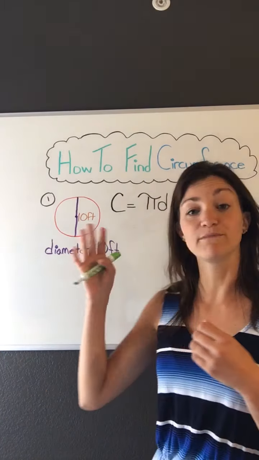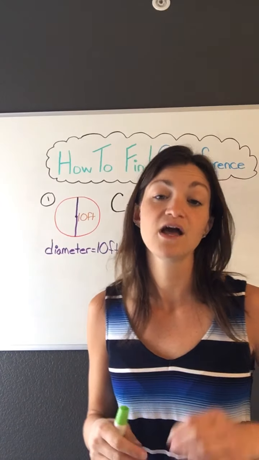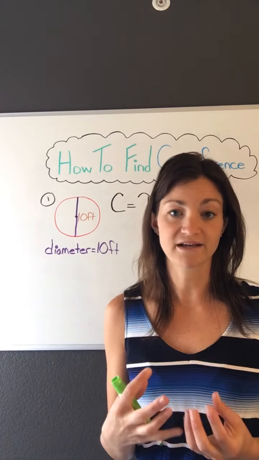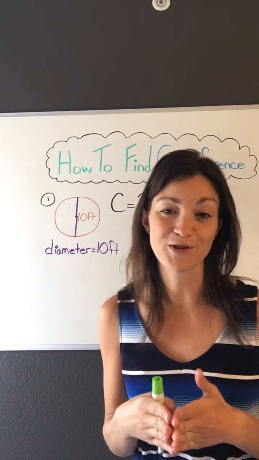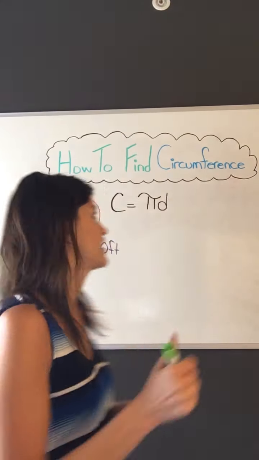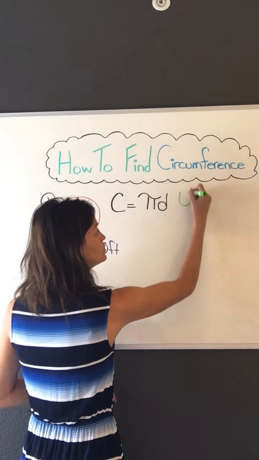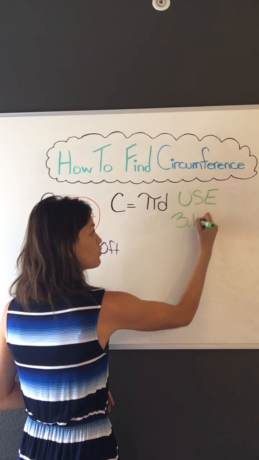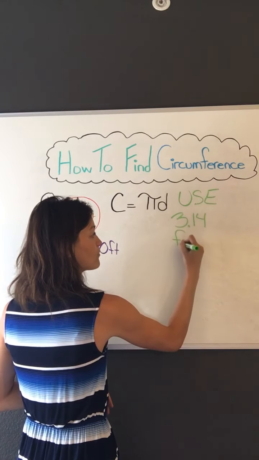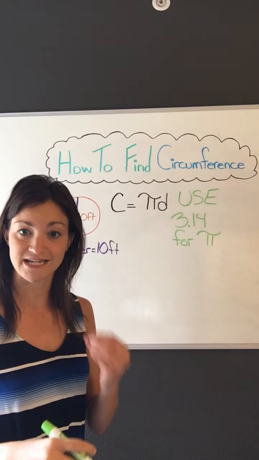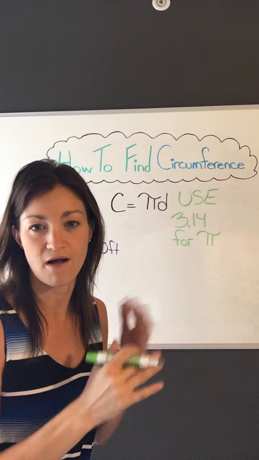And when the directions indicate to use 3.14, that's a terminating decimal. So it makes working with the problem a little bit easier. So for this sake, let's just say that the directions say, and I'll put it over here, use 3.14 for pi, okay? Like I said, 3.14 is a terminating decimal, so it makes it a little bit cleaner.